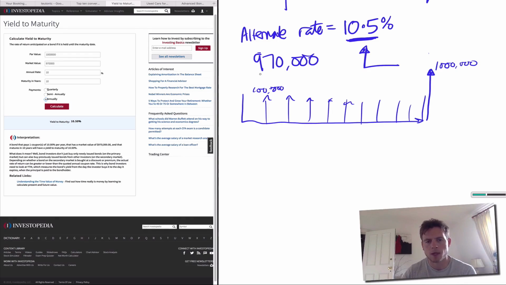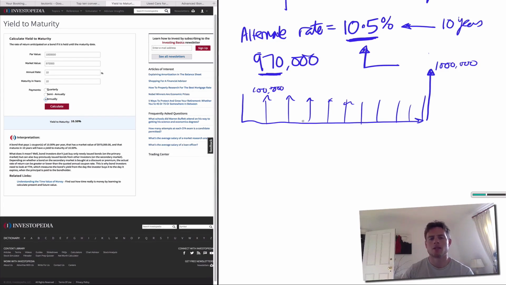Now, if we pay £970,000 as a price for this bond, what we're saying is we will get basically exactly the same return if we take that same amount of money and put it in this bank account at 10.5% for those 10 years.